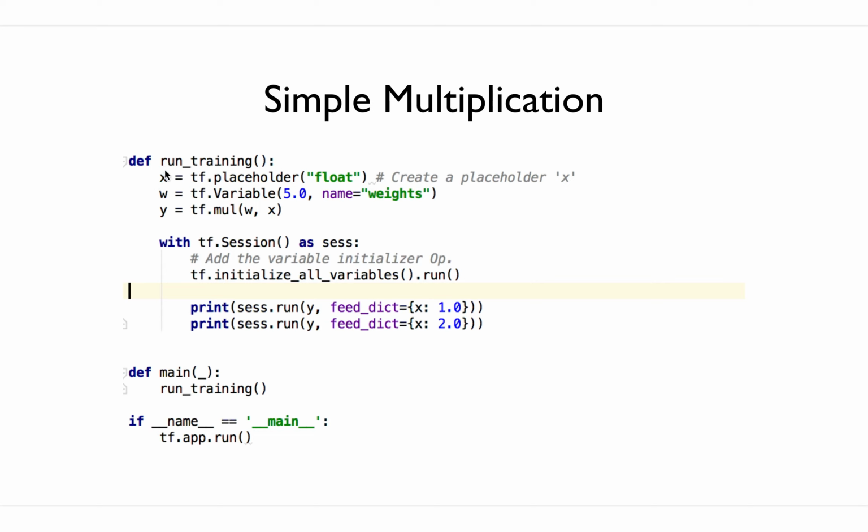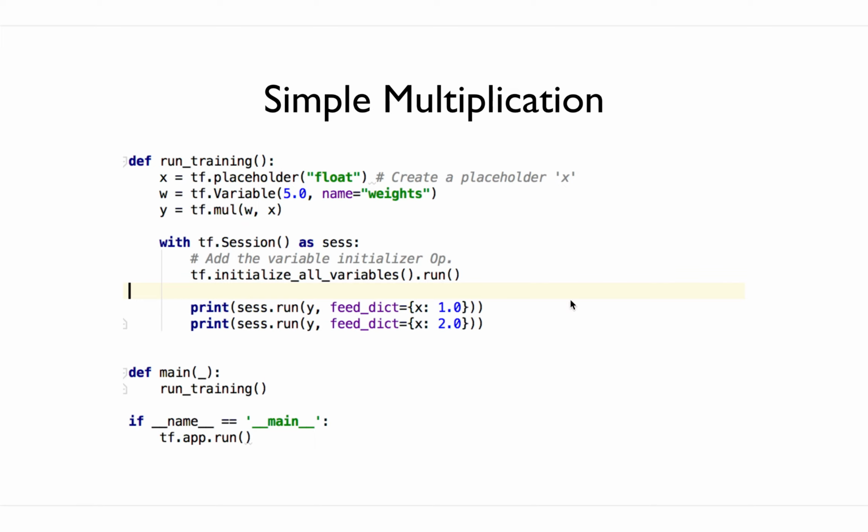So let's look at this run training. It has x, which is a placeholder, and w is a TensorFlow variable. And then y is a TensorFlow operation, basically tf.multiply of w and x. It's a very simple model.